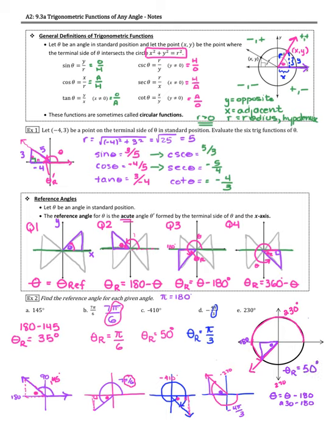All right, so I hope that concept of reference angle makes sense, because now we're not just dealing with one triangle. You actually are dealing with potentially 4 different triangles, depending on which quadrant you land in.